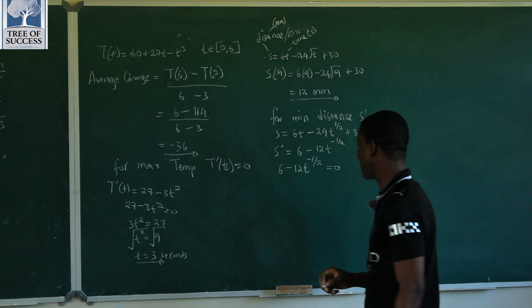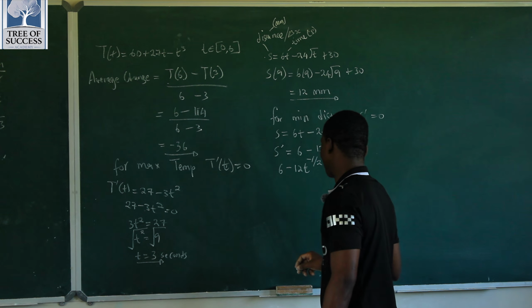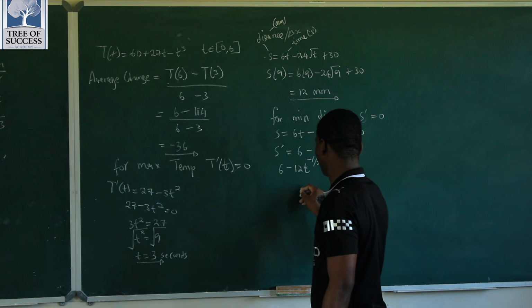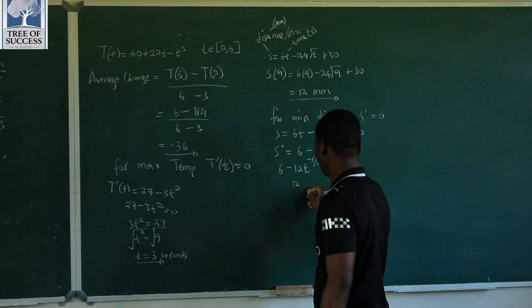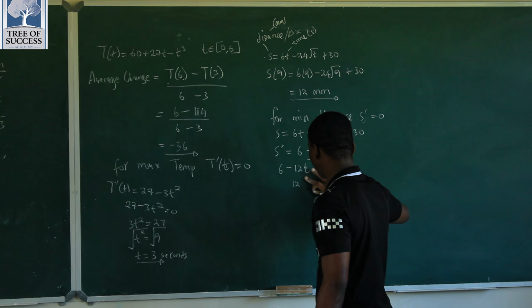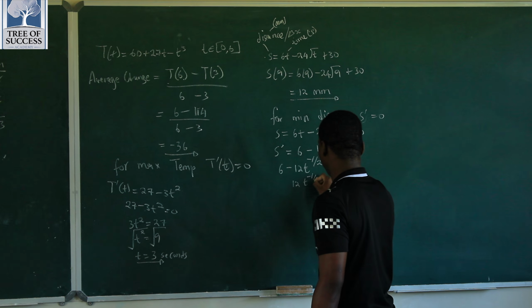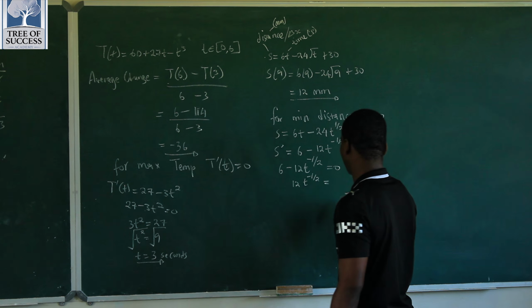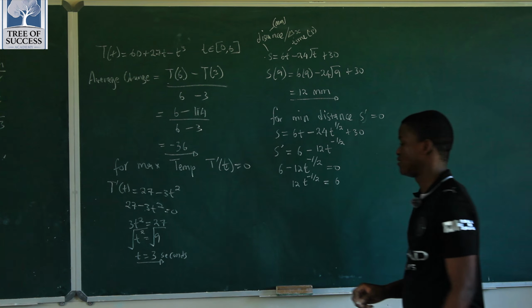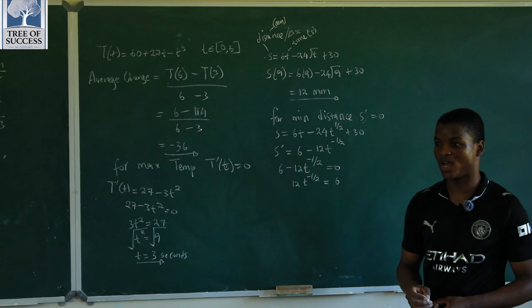Can you solve for t? Alright, so this will be 12t to the power of negative 1 over 2 equals positive 6. Okay, simple with a positive exponent. Why positive 6?